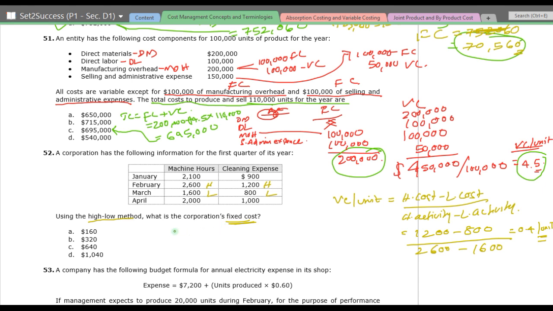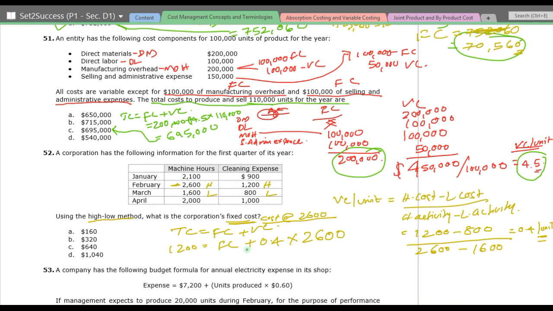High-low method, they are asking fixed cost. So total cost is equal to fixed cost plus variable cost. So they are asking for fixed cost. So total cost at 2600 units, we have total cost is 1200, and fixed cost we need to find out, and variable cost is 0.4 into 2600 activity.